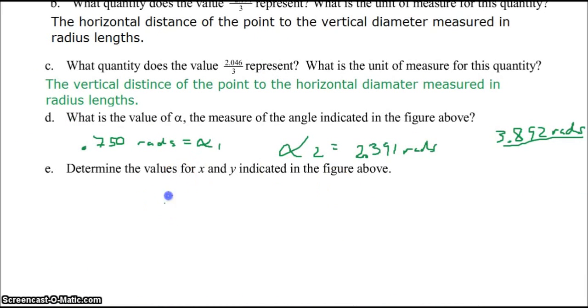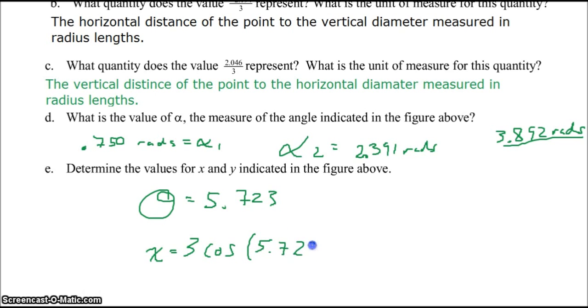Okay, so there's theta. That means that x would be, I think the radius of this circle was 3, so 3 cosine of 5.723, and y would be 3 sine of 5.723. Radians, of course, for the angle.